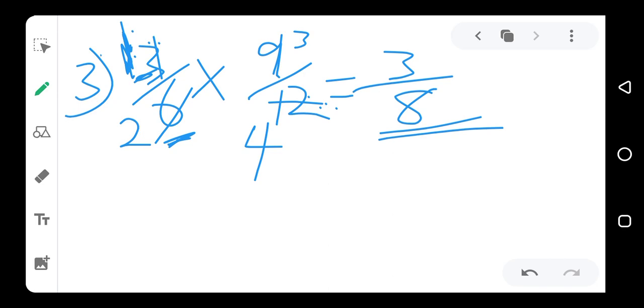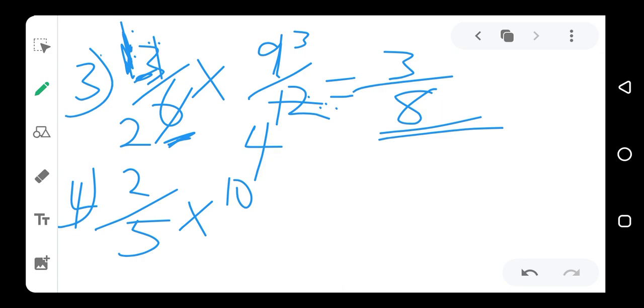Now number 4. Let's assume that we have 2 over 5 multiplied by 10 over 14.